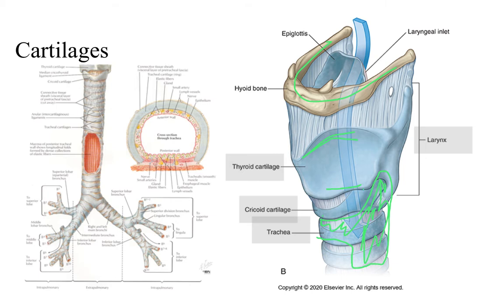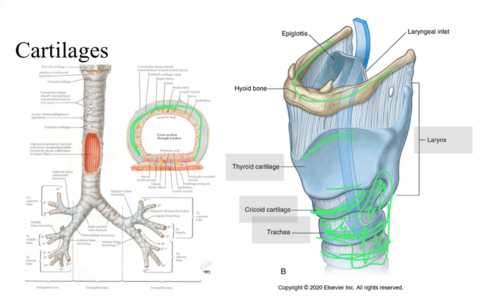All right, below that we have the cricoid cartilage, which is the last ring of the larynx before you get to the actual rings of the trachea. So remember, the trachea, when we talked about the respiratory system, has these incomplete cartilaginous rings, what we call C-shaped rings.